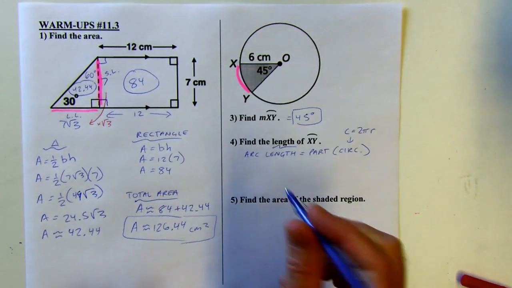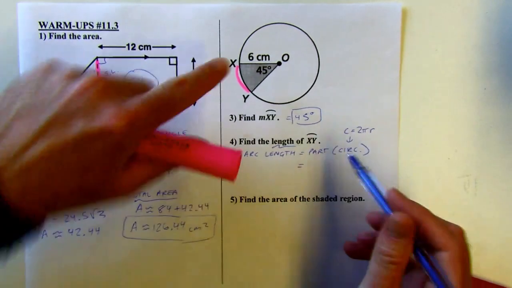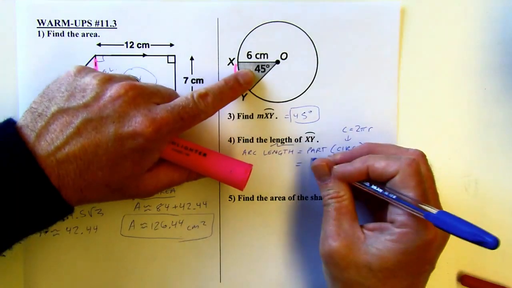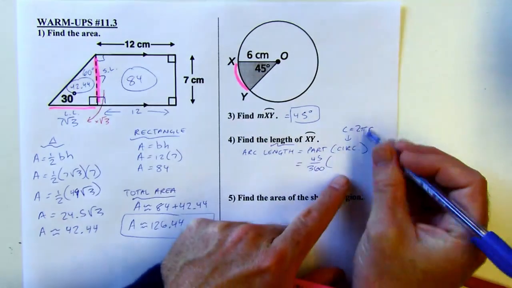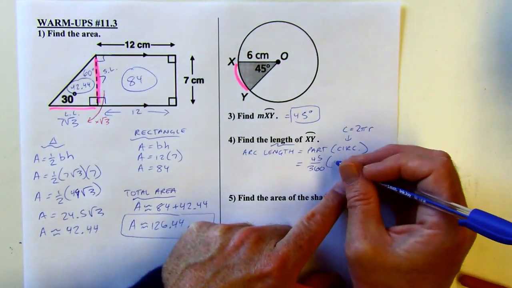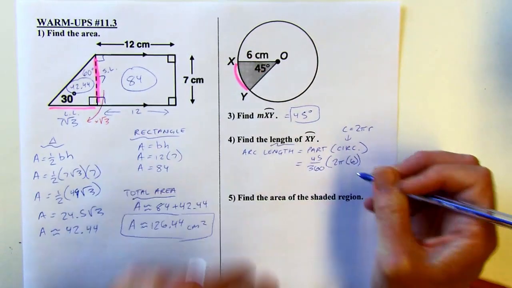Okay, so here the length of this arc, the part of the circle I'm talking about, it's 45 out of the total 360 degrees, and then I'm going to put the circumference in here. So 2 pi times 6. 6 is my radius.